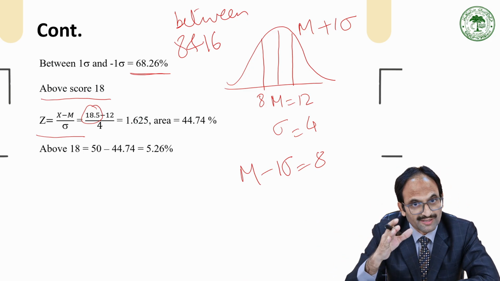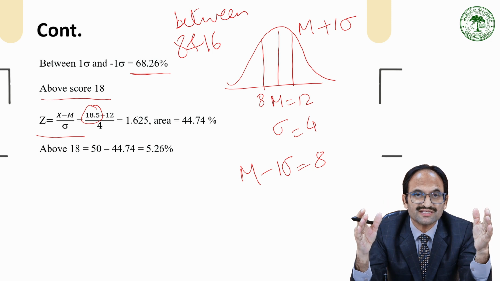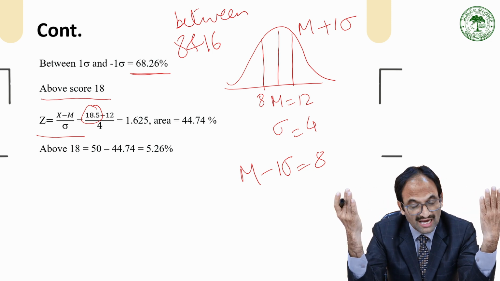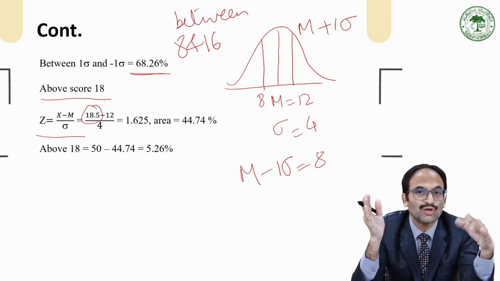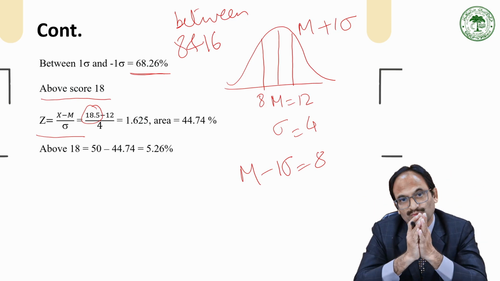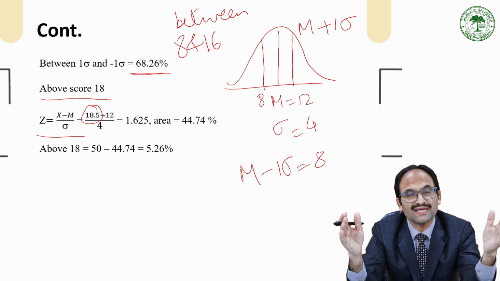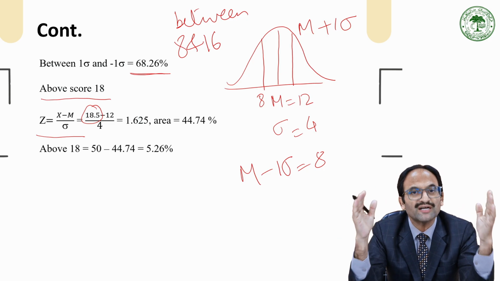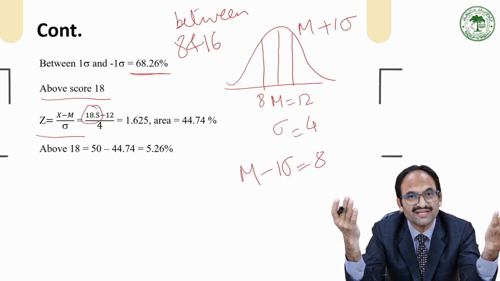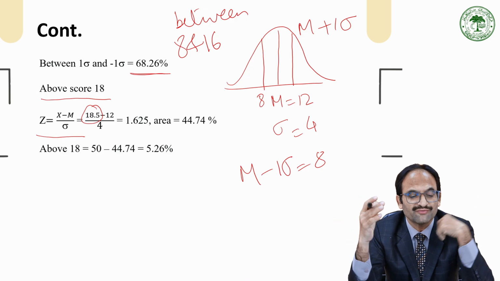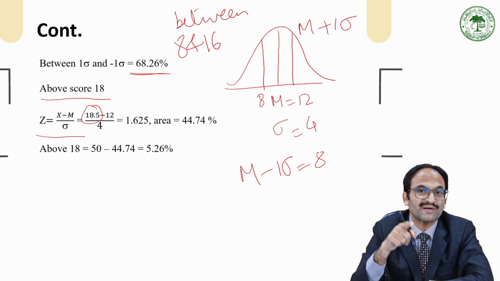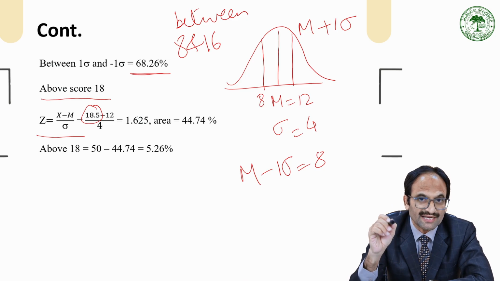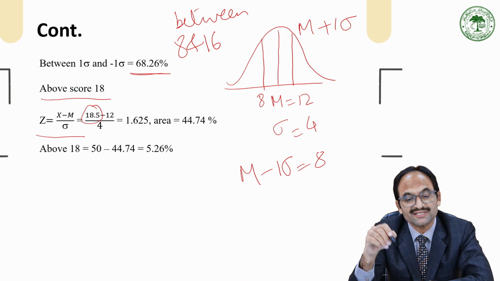Let me repeat: whenever we take the higher limit, we add 0.5, and whenever we take the lower limit, we subtract 0.5. Since we have to calculate the percentage of cases above 18, instead of 18 we will take 18.5. So x in this case is 18.5. Put the values in that formula and simplify.